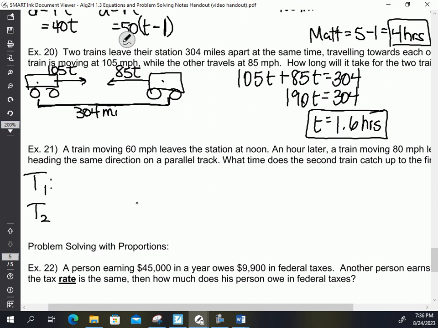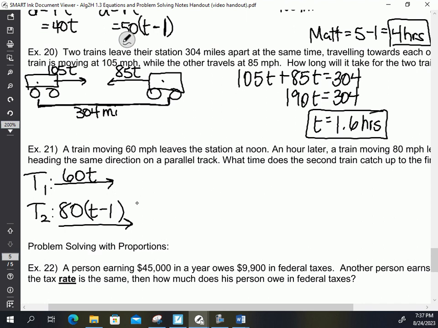So train one takes off 60 miles per hour. Do we know how long they've been traveling? No. So that's time. Train two leaves an hour later. So again, T minus 1, just like we did earlier with Matt. But they've been traveling 80 miles per hour. So train one already took off.